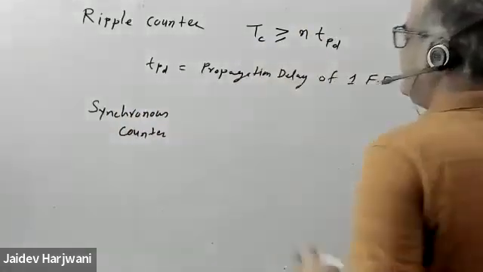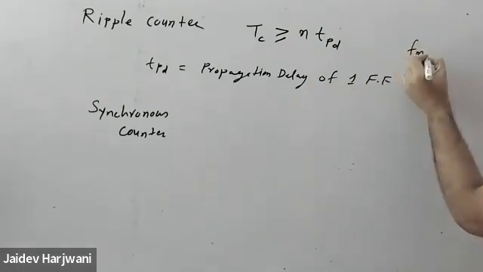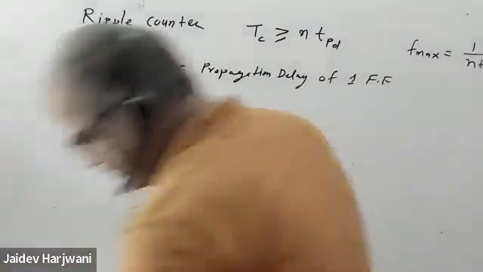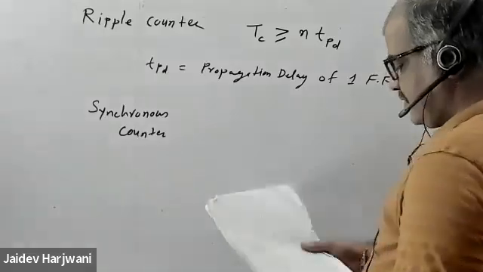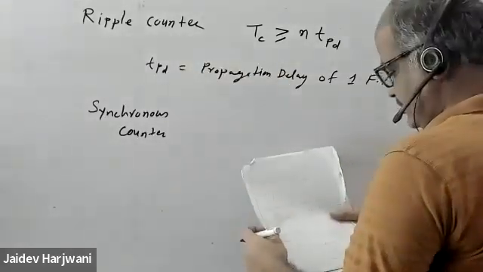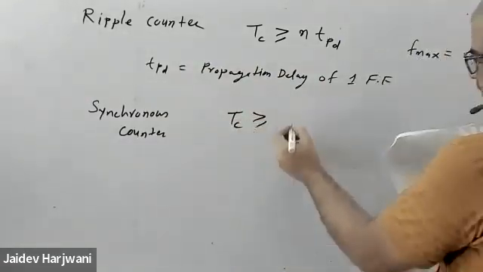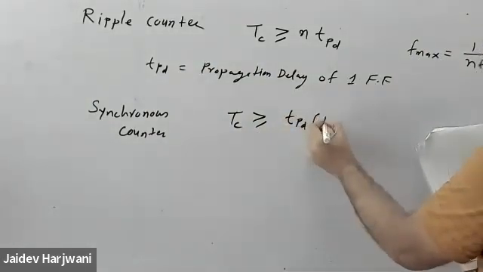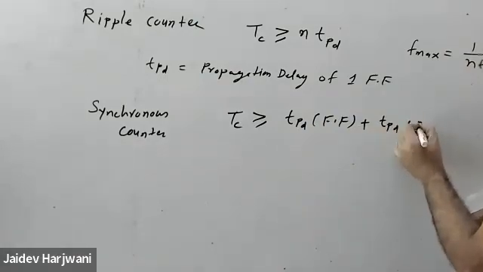the time period TC should be greater than n TPD, so automatically we have seen there is a limit on frequency F max for the ripple counter, which equals 1 upon n TPD. Now if I talk about the synchronous counter, as the flip-flops are triggered simultaneously, the delays do not get added. So the clock time period should be greater than the TPD of one flip-flop plus the propagation delay of one AND gate.